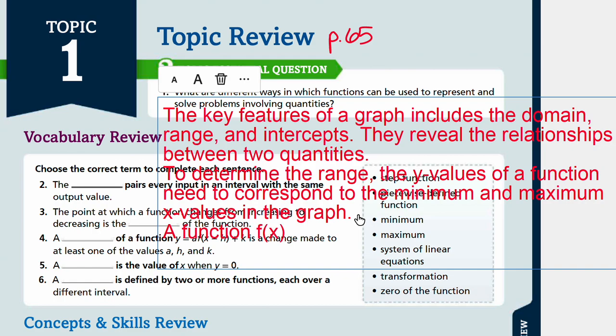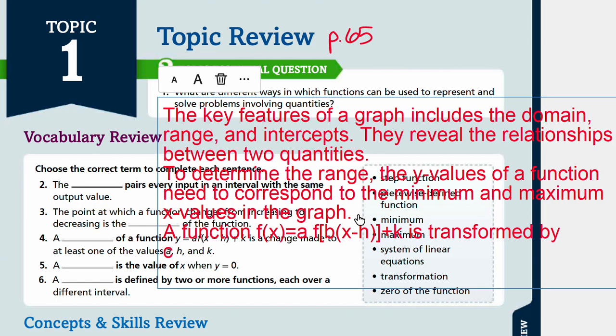So we can say function f of x is equal to a times f of b of x minus h, parentheses, and then bracket, plus k is transformed by changing the values of a, b, h, and or k.